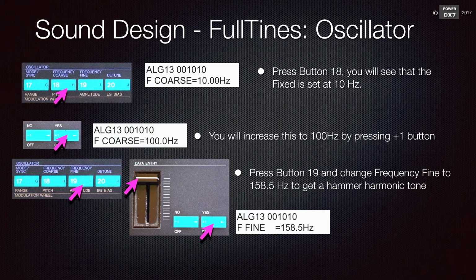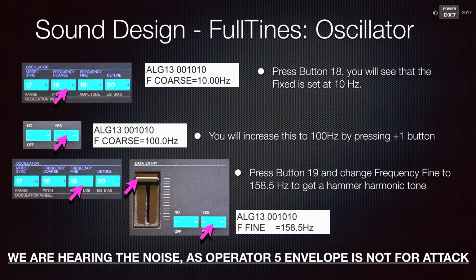At the moment, you are only hearing its inharmonic tone, sounding like a noise, as operator 5 envelope is not set for a short decay type. We will adjust operator 5 envelope so that it actually sounds like a hammer tone.